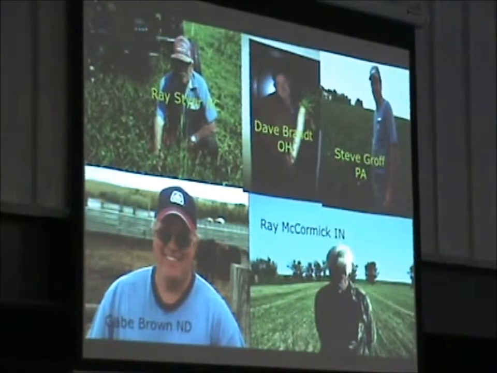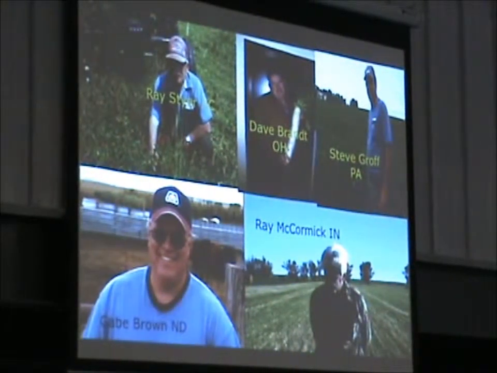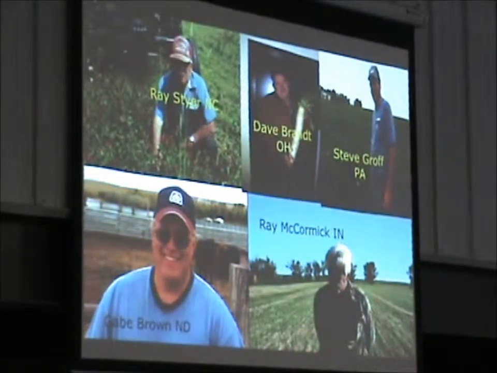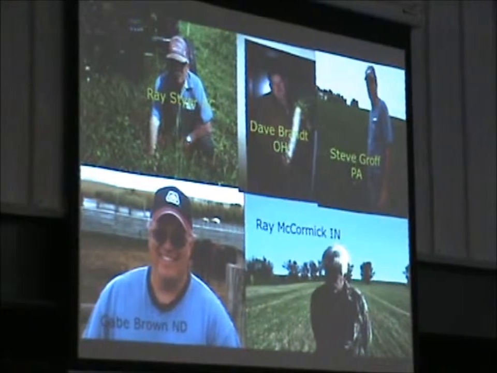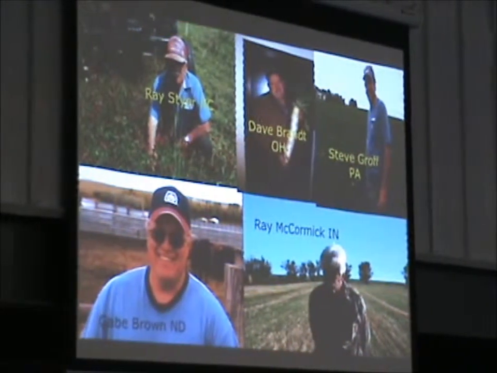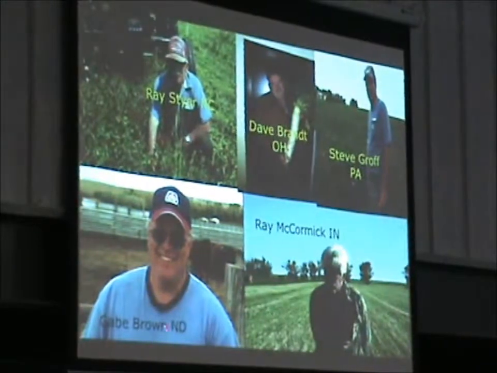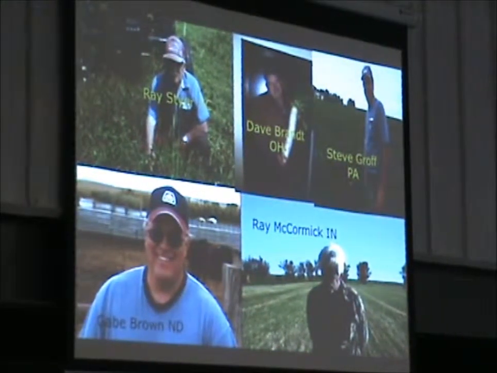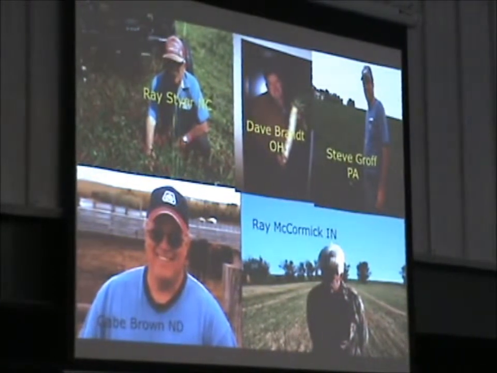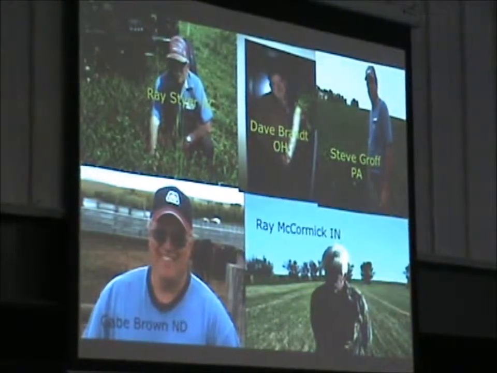Gabe Brown just recently got a very prestigious award from the National Defense Council. He got Food Producer of the Year. How? He farms almost 6,000 acres, 2,000 cropping. He has eliminated chemical nitrogen and chemical phosphorus in his operation.